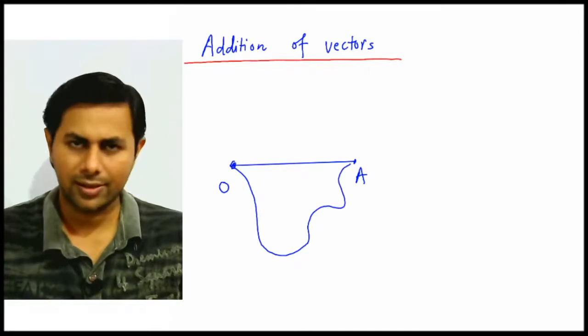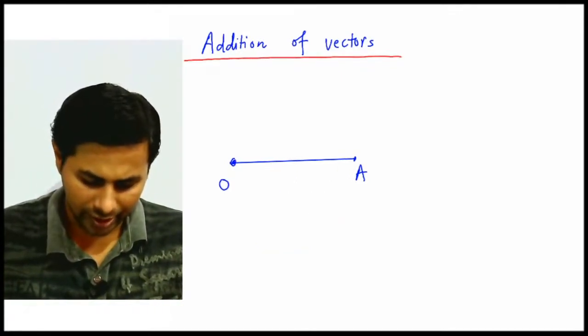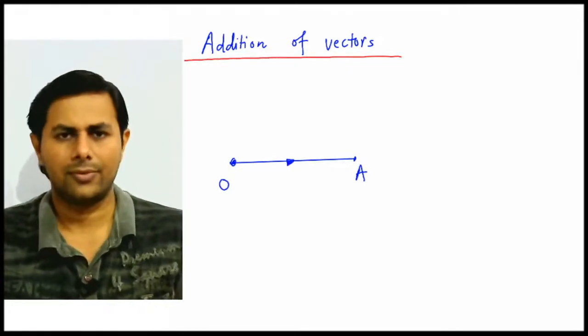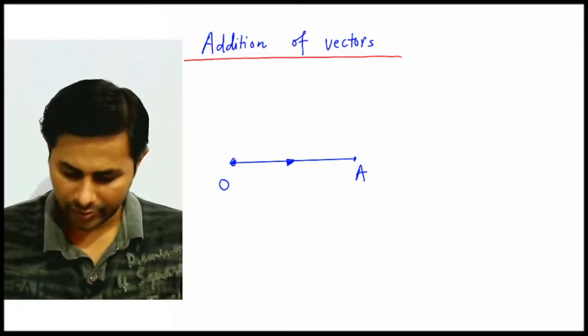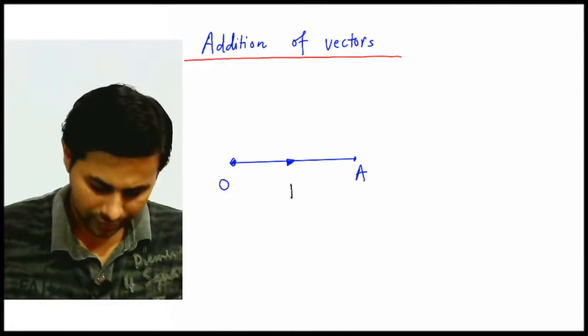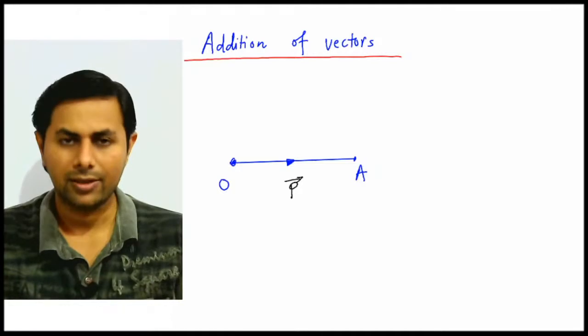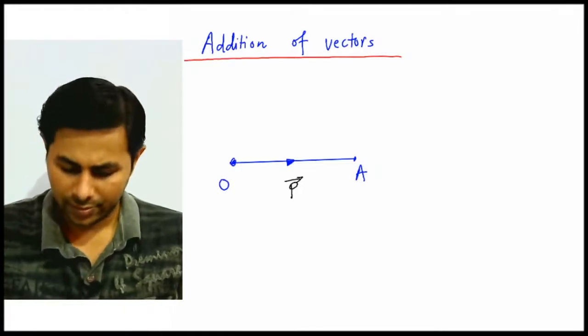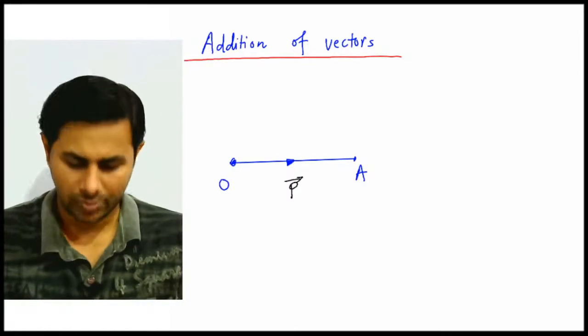Okay, so suppose our object goes from O to A and it follows any path, let's say like this. Okay, we don't care. Displacement will be a vector directed from O to A. Okay, so let's call this vector P. Okay, so this is my P bar. All right, then suppose the object moves from point A to some other point.